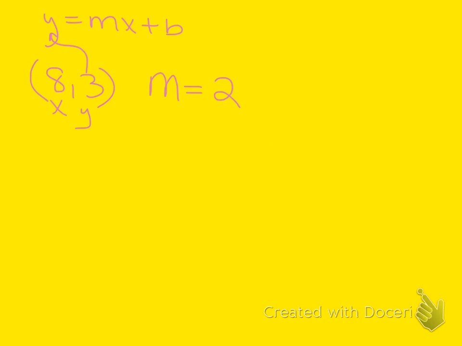Okay, so in the place of the y, it was going to be a 3. In the place of the m, it's going to be a 2. In the place of the x, it's going to be the 8 plus b. Then we multiply, so that'll become 16. 3 equals 16 plus b.